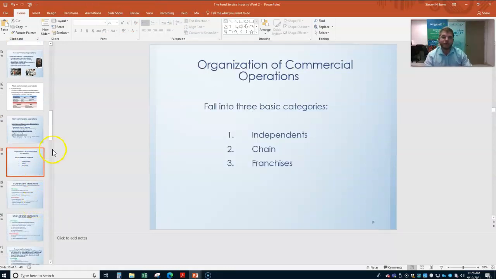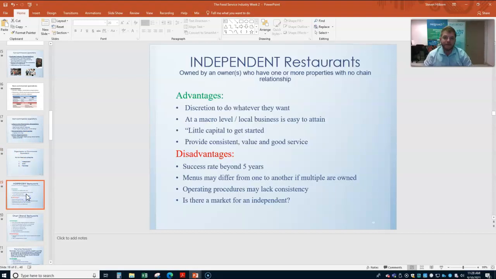So when it comes to operation or organization of commercial operations, we have 3 basic categories: the independents, the chains, and the franchises. The independents are owned by an owner or owners, and usually only have one property, although they may have more, and they typically have no chain relationship.